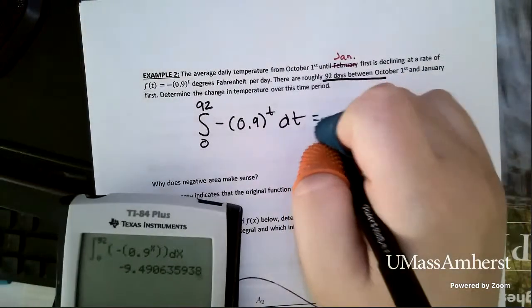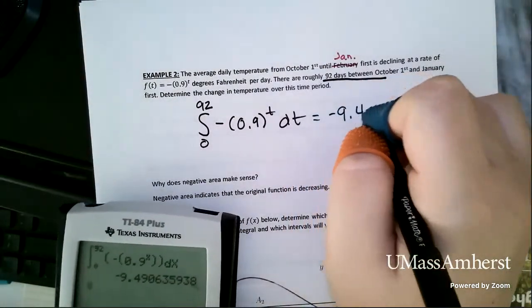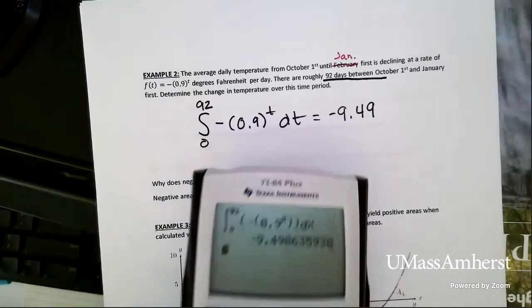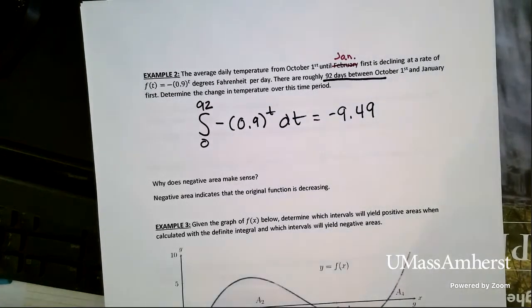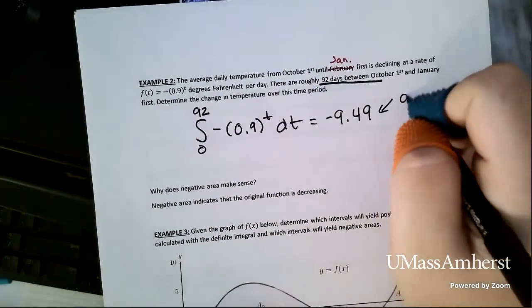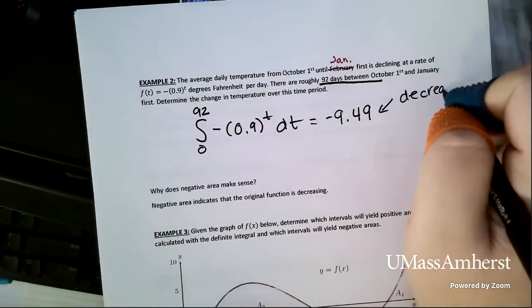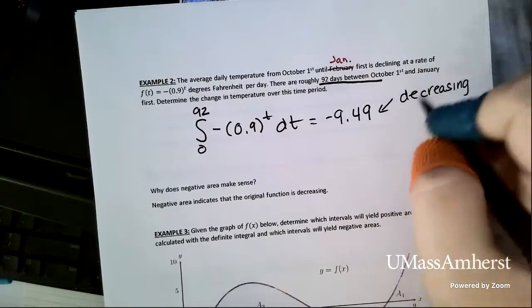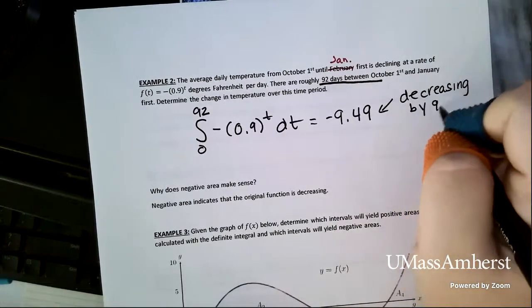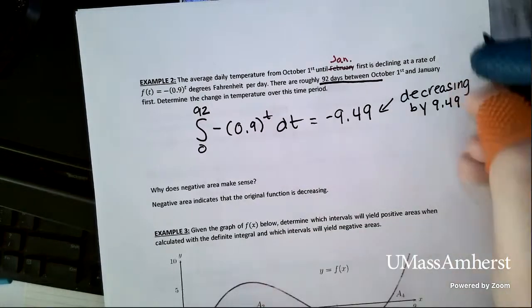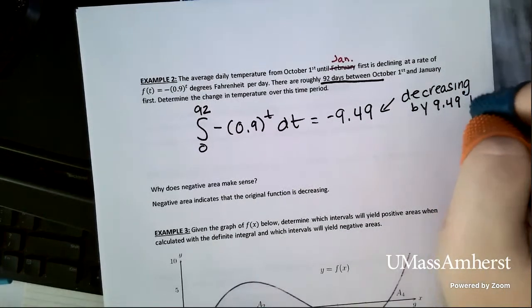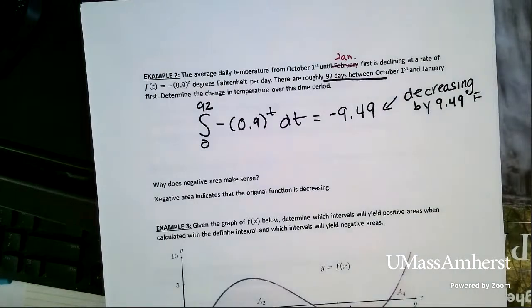So now we have to start making sure that we understand the syntax as well as what it means to be negative. So that means that we are decreasing by 9.49 degrees. I think it's in Fahrenheit. Yes, degrees Fahrenheit. So we'll say degrees Fahrenheit.